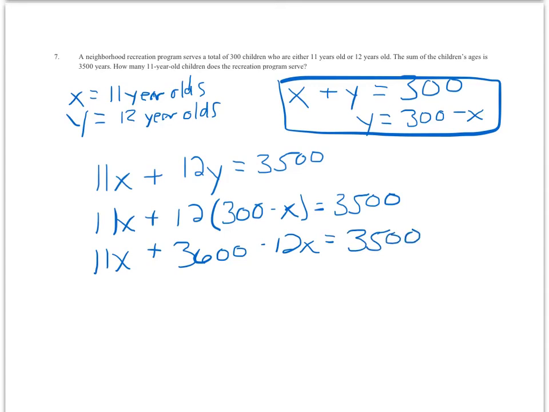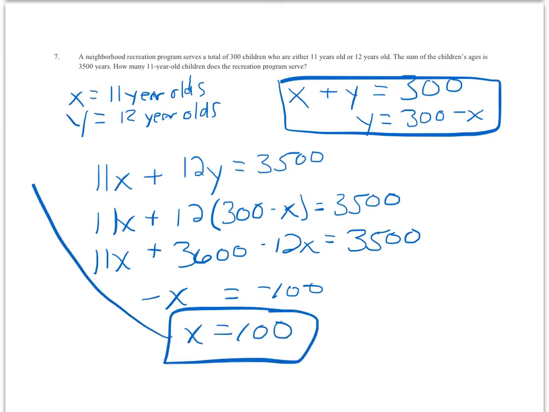Combine like terms, 11x minus 12x is negative x. If I subtract 3,600 from both sides and divide by negative 1, I get x as 100. X, the number of 11-year-olds. The question, how many 11-year-olds are there? There's 100.